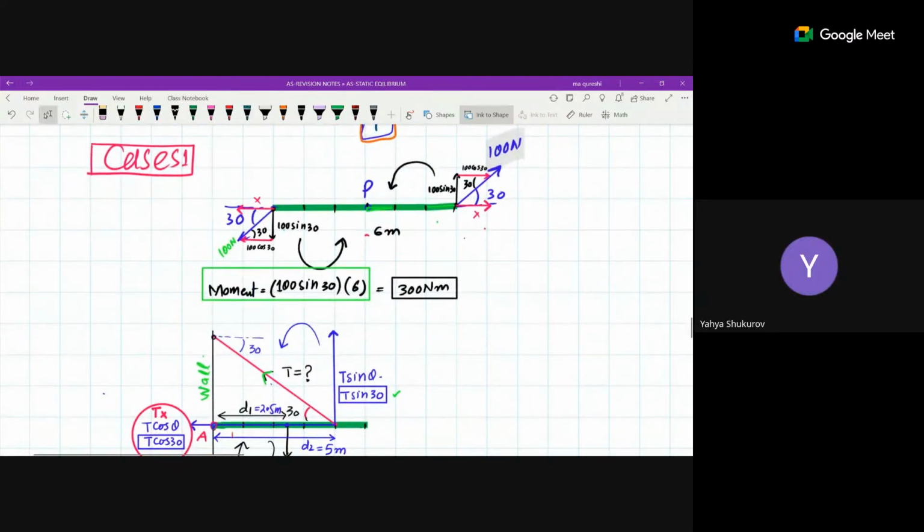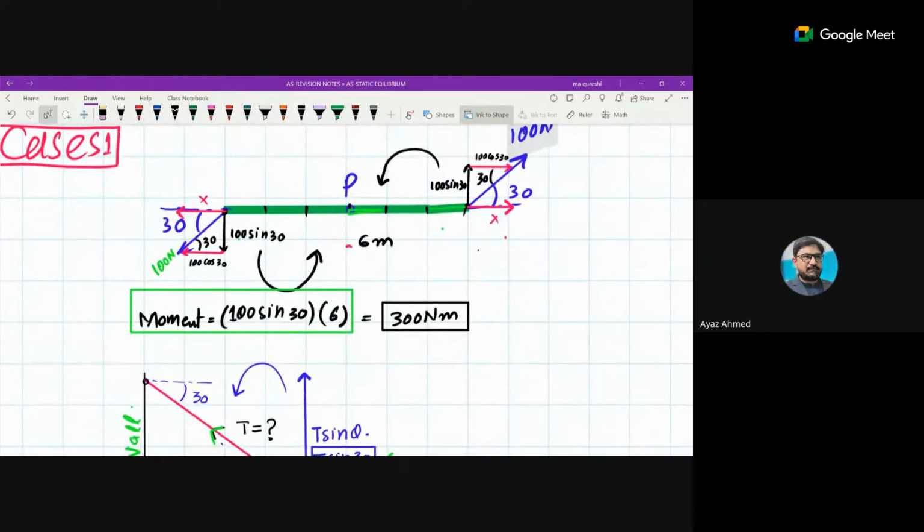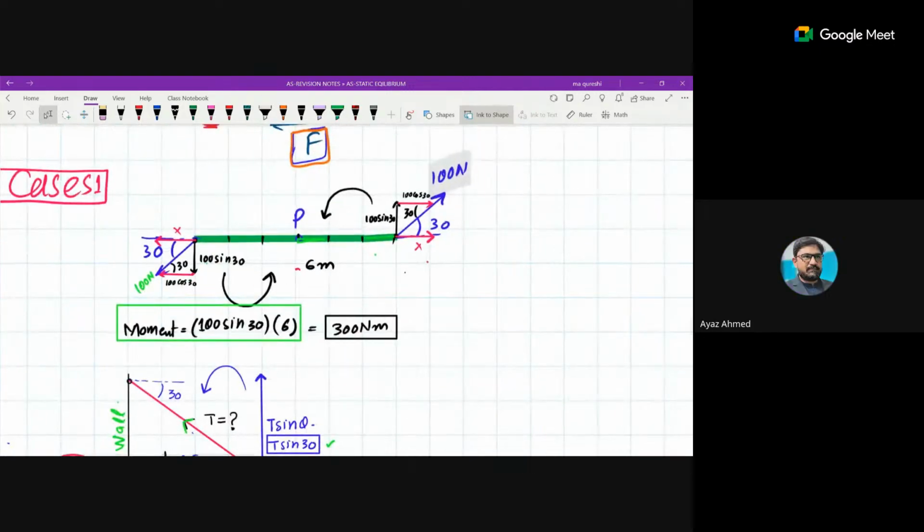Yes. Okay, now there are some cases of the moment. I believe it will help you understand. So let me just stop it and start it.